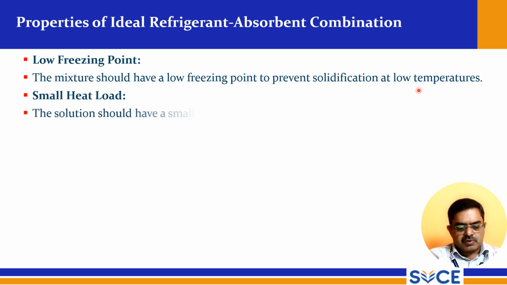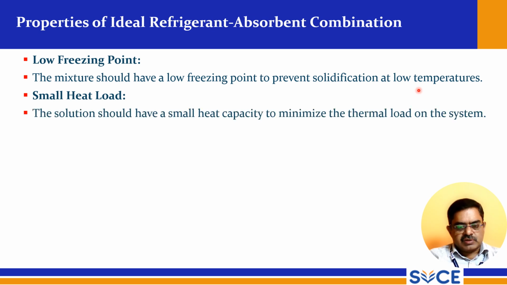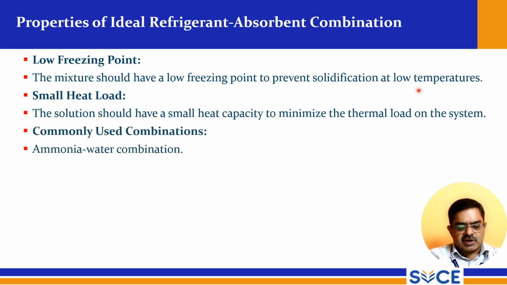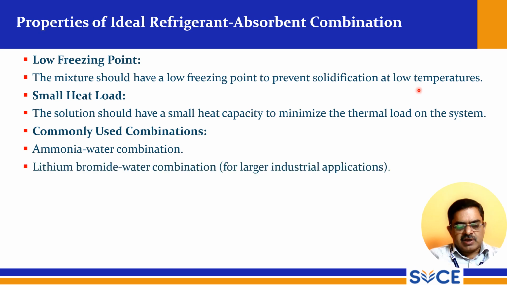Small heat capacity: the solution should have a small heat capacity to minimize the thermal load on the system. Commonly used combinations are ammonia water combination, and lithium bromide water combination for large industrial applications. So this is another popular absorption system, the lithium bromide water combination.